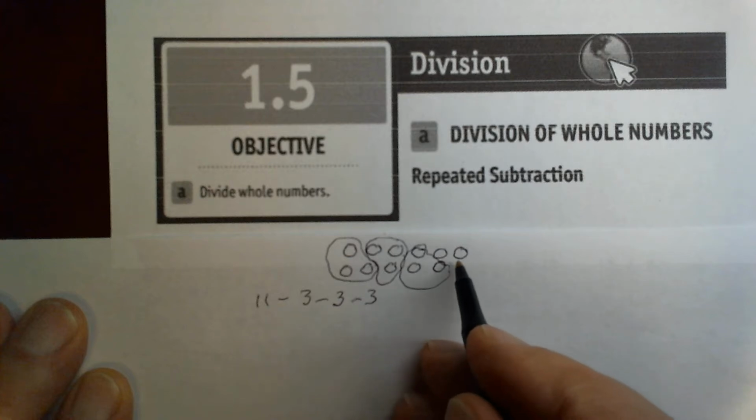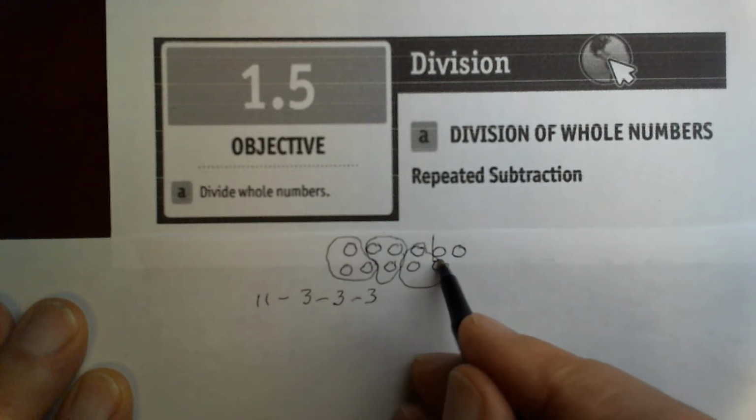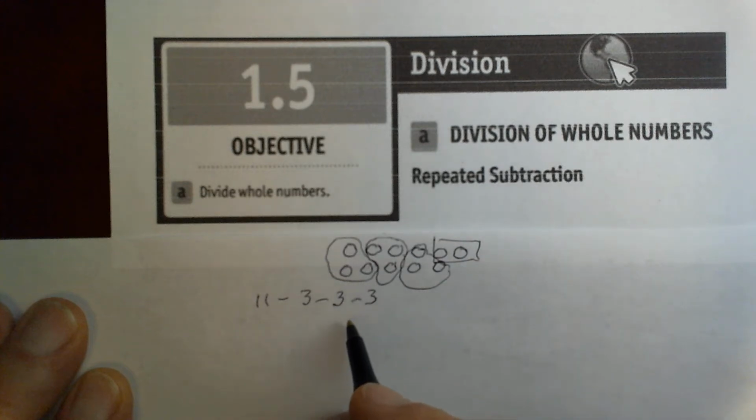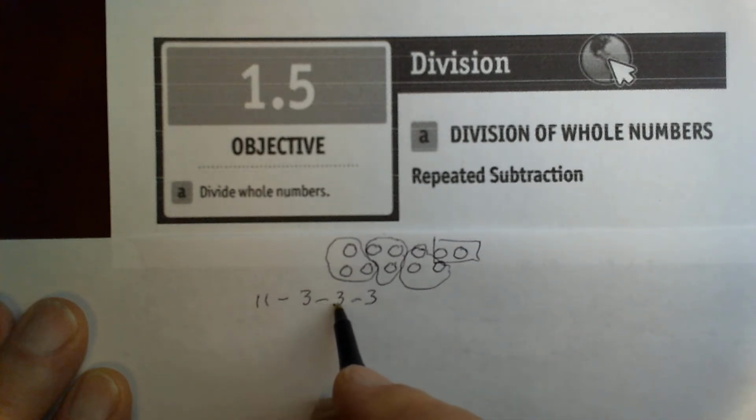And so that means we have 2 left over. That's called the remainder. So here's a remainder of 2. So we can say 11 divided by 3 equals 3 with a remainder of 2, if we look at this as repeated subtraction.